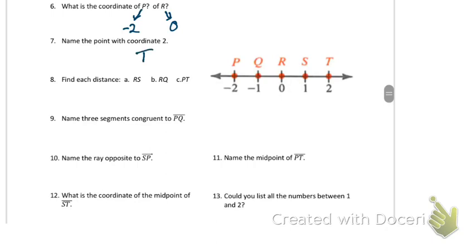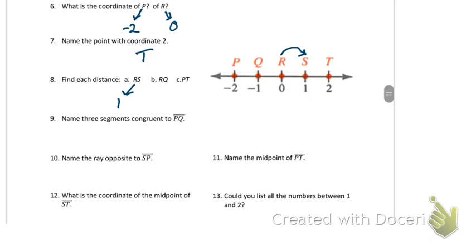Next one says, find the distance of RS, RQ, and PT. Well, R to S is just going to be 1 unit. You can do that method where you do 1 minus 0 and take the absolute value. You're going to result in 1.